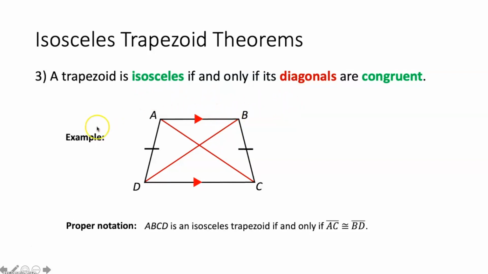Alternatively, if you know you have an isosceles trapezoid, then you know that the diagonals must be congruent to each other. So that's what if and only if means. It just works both directions. If it's an isosceles trapezoid, then the diagonals are congruent. If it's a trapezoid where the diagonals are congruent, it must be an isosceles trapezoid.